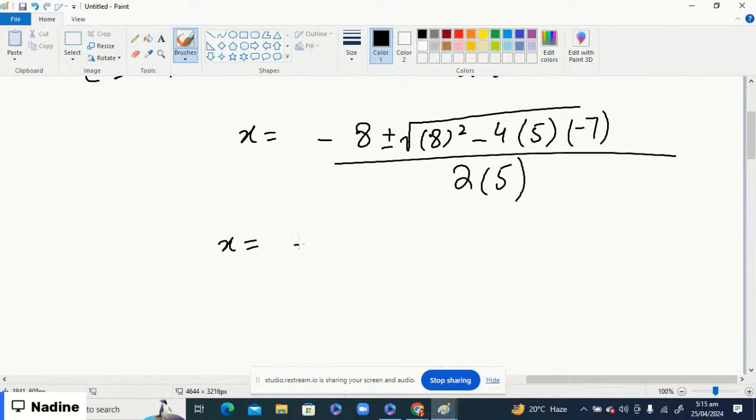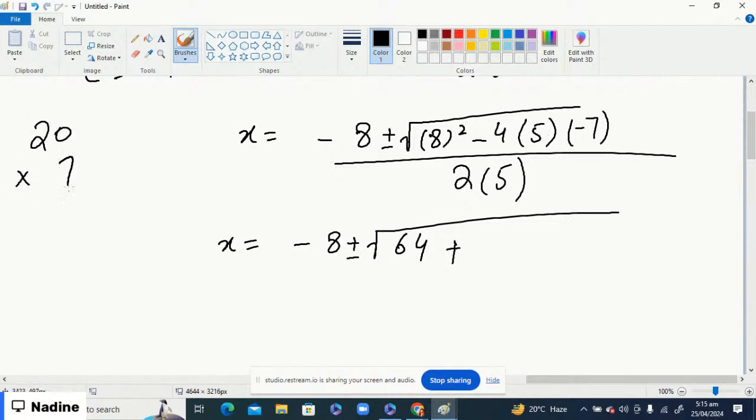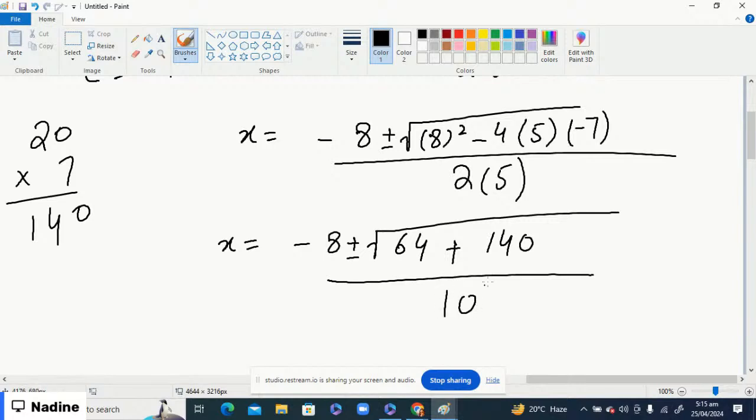So x is equal to minus 8 plus minus 64, minus minus becomes plus, 4 times 5 is 20, 20 times 7 is, mm, 4 times 5 is basically 20, and now you can just multiply 20 with 7, 140, over 10.